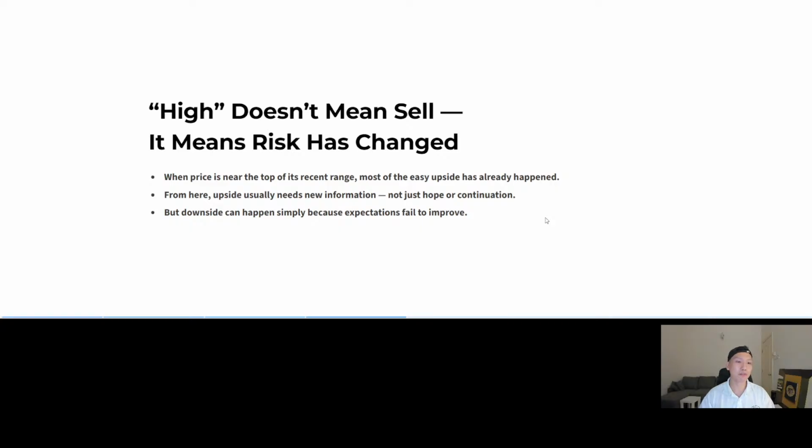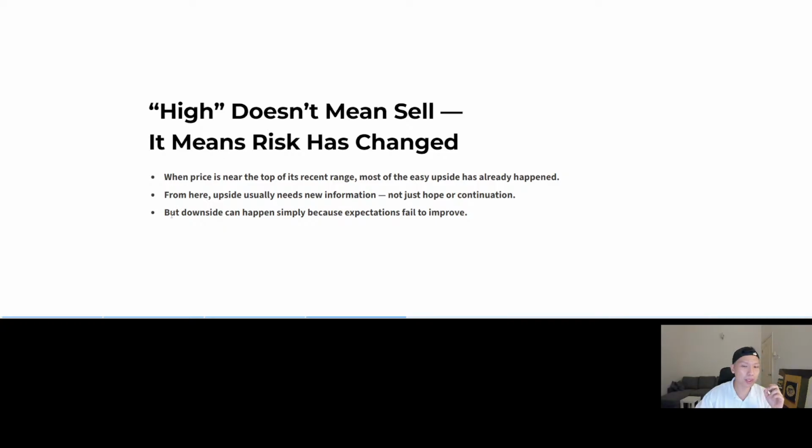So from here onwards, upside really needs new information. It doesn't mean upside is not sustainable anymore. It means that when the price is near the historical high, if it is to keep moving, it needs new information, not just hope or continuation.